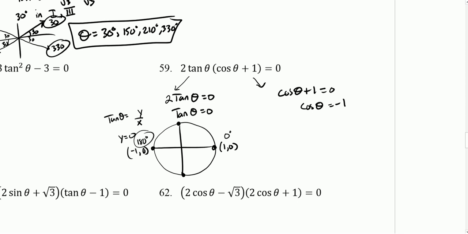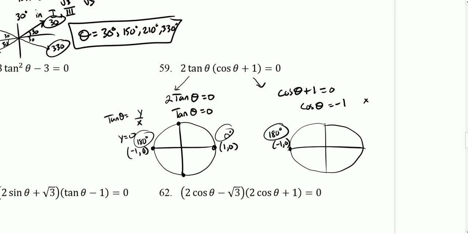So both of those are solutions. Cosine is your x value, and so again on the unit circle, where's x equal to negative 1? Right here. Remember, this is negative 1, 0, and so that's at 180 degrees. 180 is repeated twice, so we only have to use it once. So theta is 0 and 180 degrees.